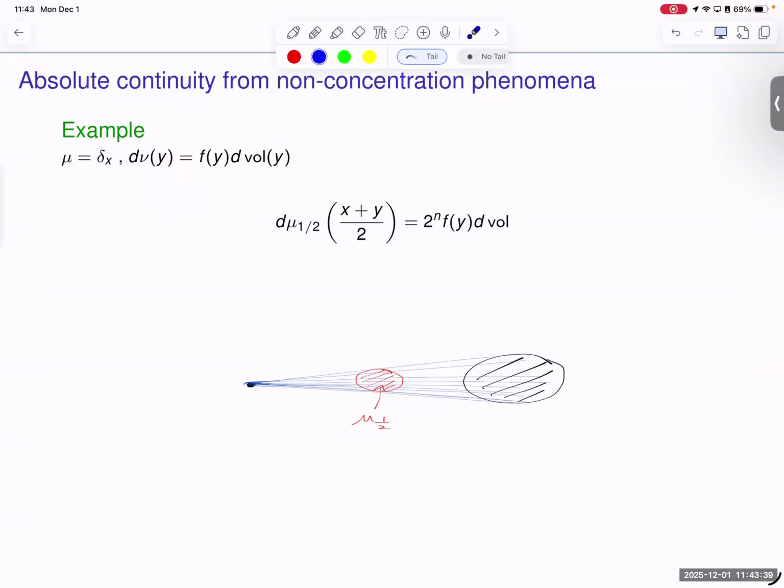Just simply because even if this is very singular, with the mass concentrated in a very small region, if the other one is spread out, then when you do the interpolation, you have to spread out this mass at least a bit. That's why you get absolute continuity.